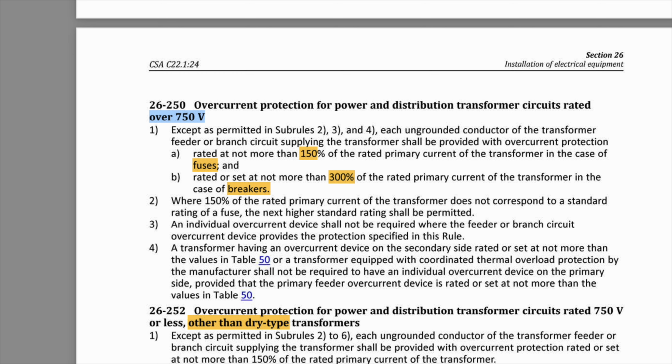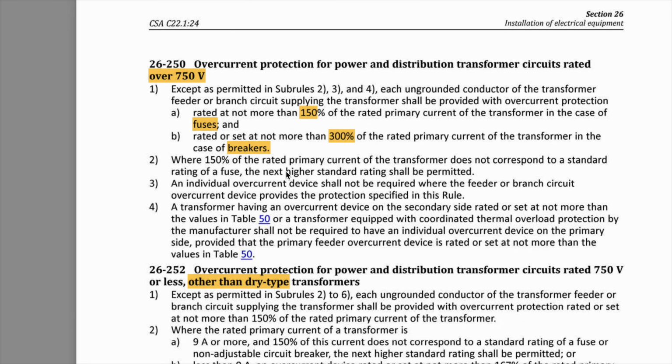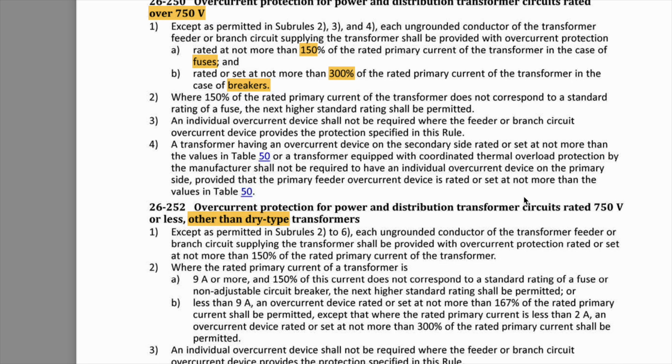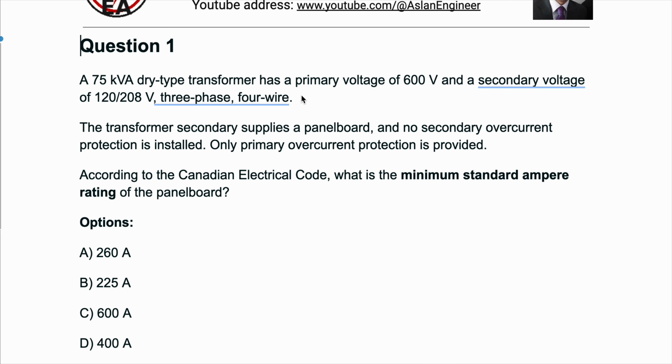750 volts, but in this question the voltage is 600 volts. The maximum voltage is 600 volts for the primary, so we need to look at less than 750. Here is for less than, but here it is other than dry type, and this question is about a dry type transformer.